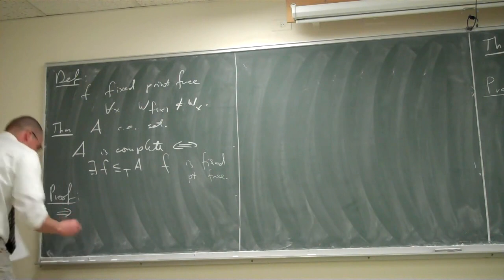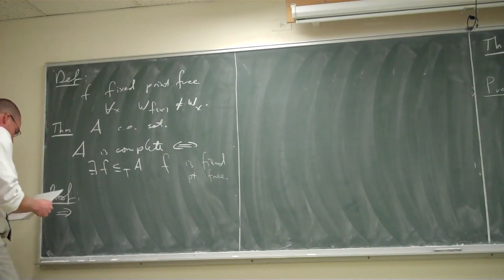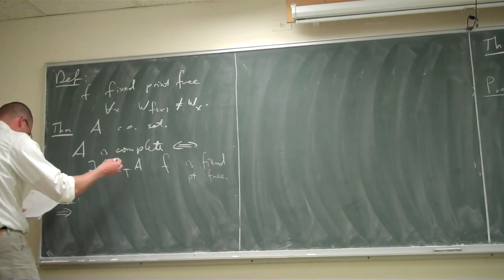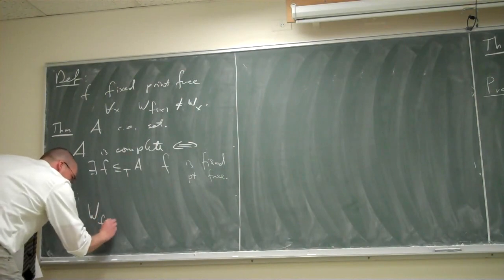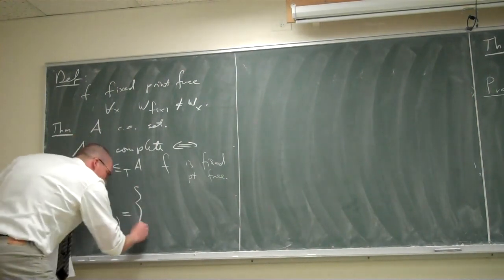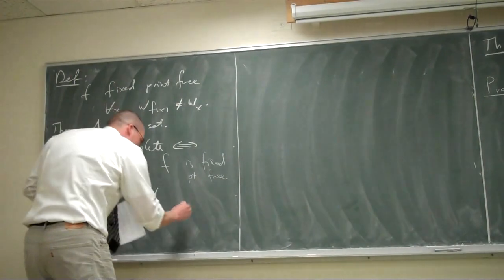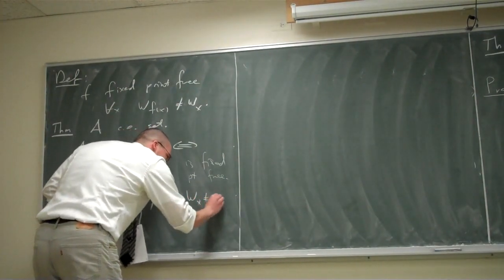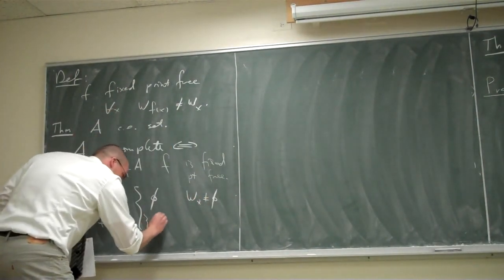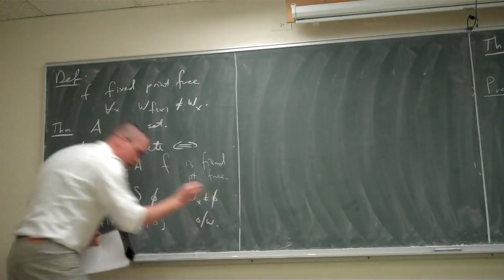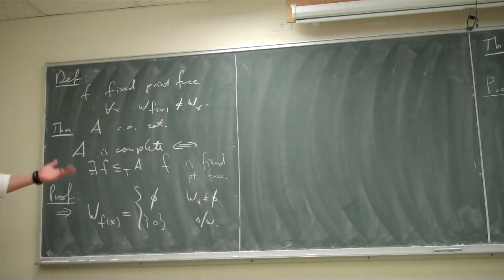So, if we have A complete, then we can define this function W_f(x) to be empty if W_x is not empty, and let's say equal to 0 otherwise. The halting problem exactly allows you to decide if the CE set is empty.